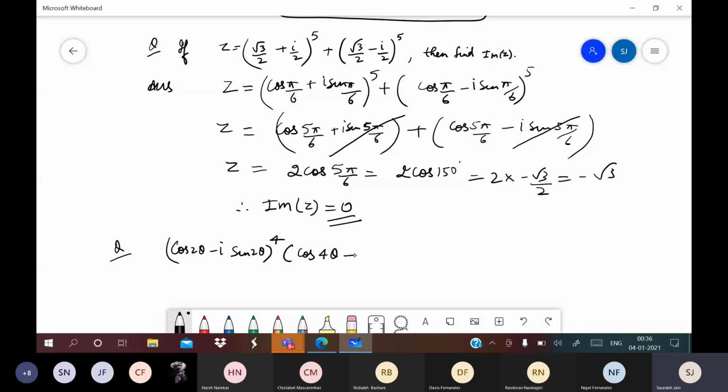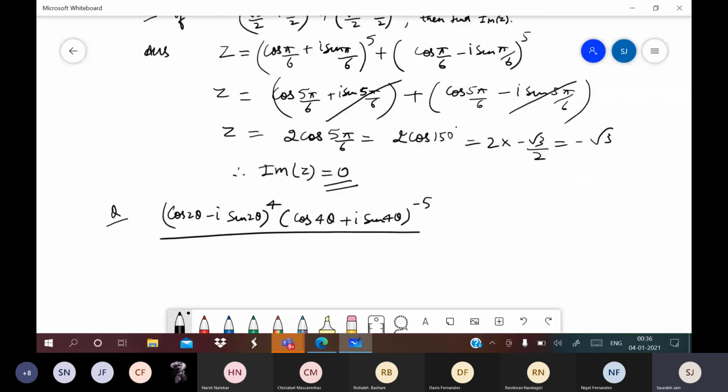Cos 4 theta plus iota sine 4 theta to the power minus 5, divided by, this is power minus 2, okay, this is minus 2 power in the denominator, cos 3 theta minus iota sine 3 theta to the power minus 9, equals cos k theta minus iota sine k theta, where k equals.